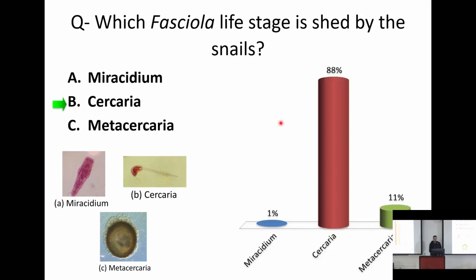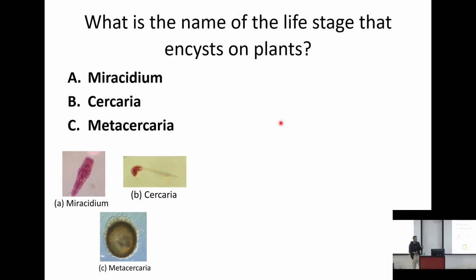Okay, so cercaria. Remember, the miracidium is converted into the sporocyst, the sporocyst is converted into the redia, and the redia is converted into the cercaria. The cercariae come out from the snail and are further converted into metacercariae outside the snail, and that is the infective stage. So, what is the name of the life cycle stage that is found on plants?